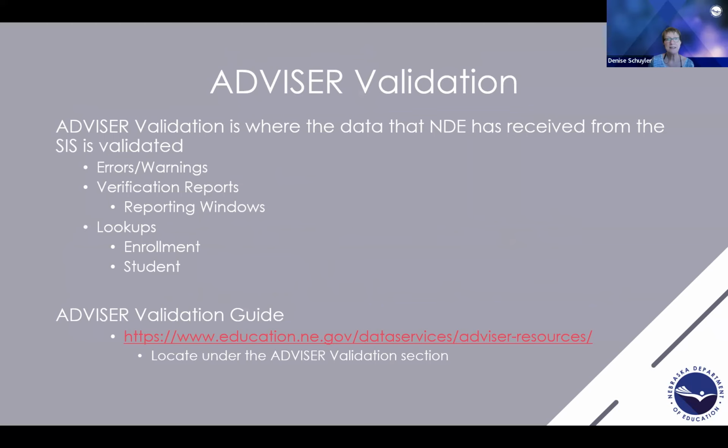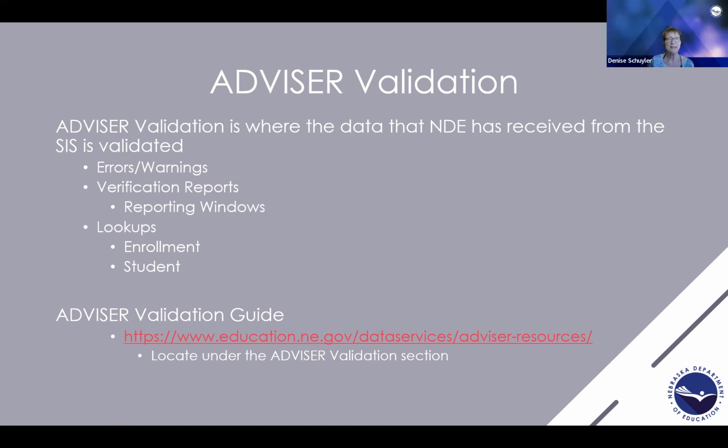So advisor validation is where the data that NDE has received from the student information system is validated. There are errors and warnings, verification reports with the specific reporting windows, and there are lookups for enrollment and student. And we'll talk about those in a little bit.